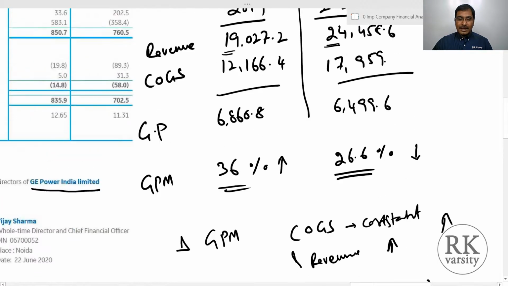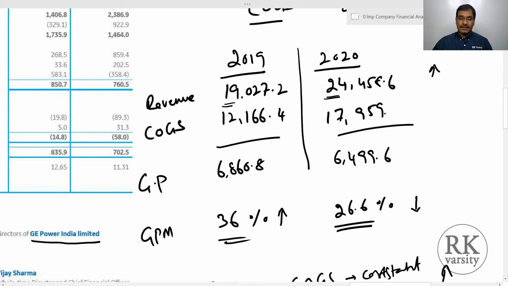So this happened in this company's case. Here, even though there is an increase in revenue, there is also increase in cost of goods sold. This adversely affected the gross profit margin.